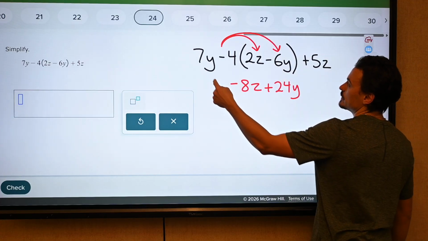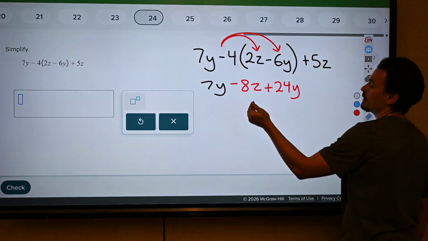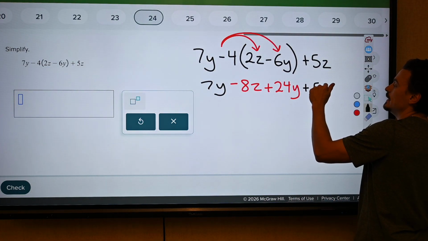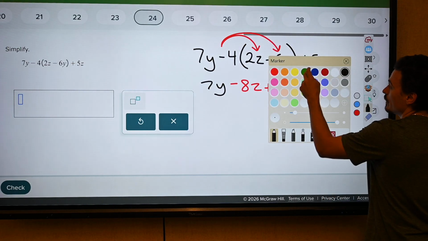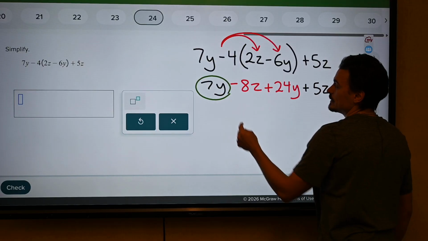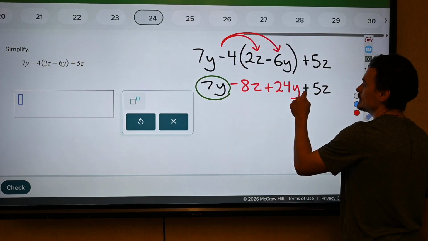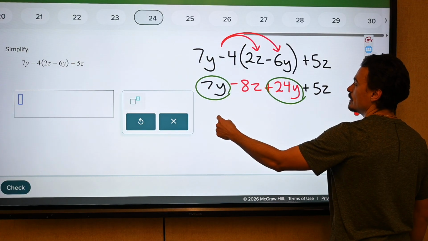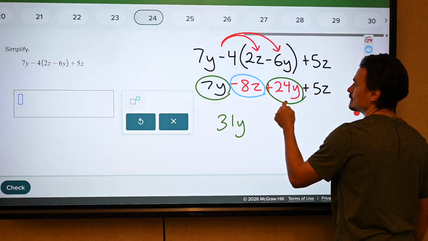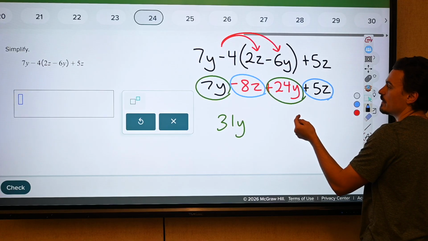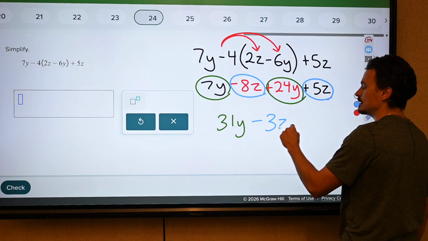And then all this other stuff, the 7y and the positive 5z, gets brought down. Now, I want to look for my y's and my z's. 7y's plus 24y's makes 31y's. Then negative 8z's plus 5z's is negative 3z's. And we're done.